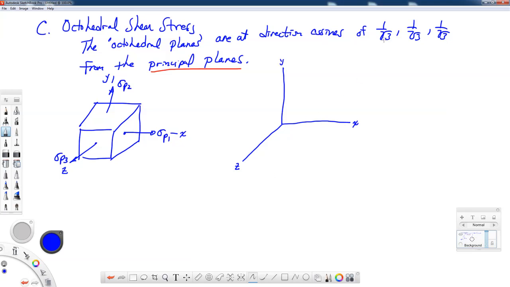Now, if the direction cosines have all equal terms, the intercepts on these axes will all be equidistant from the origin. And the octahedral plane then will be this triangular shape at an angle to the surface. And let me change this to dotted lines so that it looks like it's hidden.